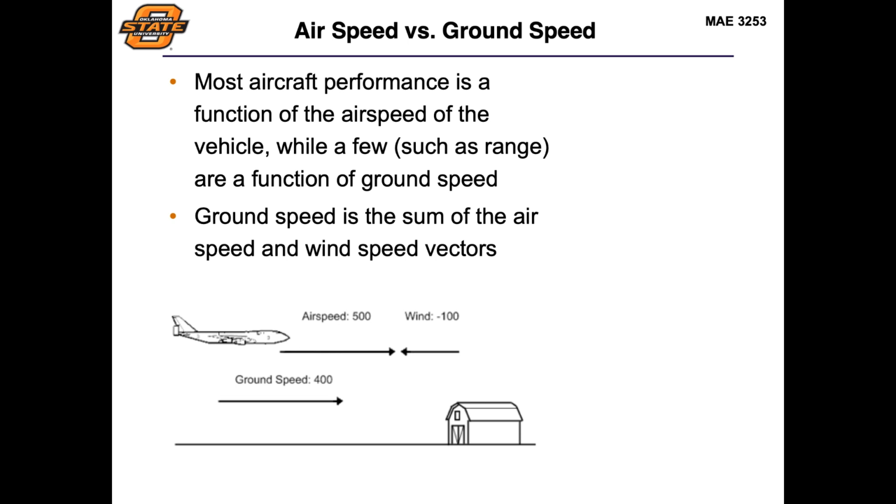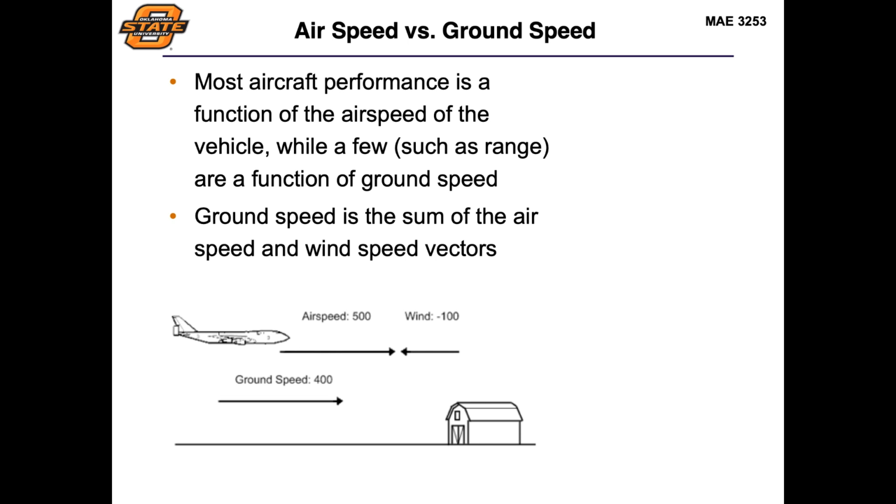So you could look at these in a number of very simple cases. If your wind is 0, obviously your airspeed and ground speed are going to be the same. If you have a 100-knot tailwind, that means your airspeed is still going to be 500 knots, but now your ground speed is going to be 600 knots. That would be the velocity that an observer sees you on the ground.